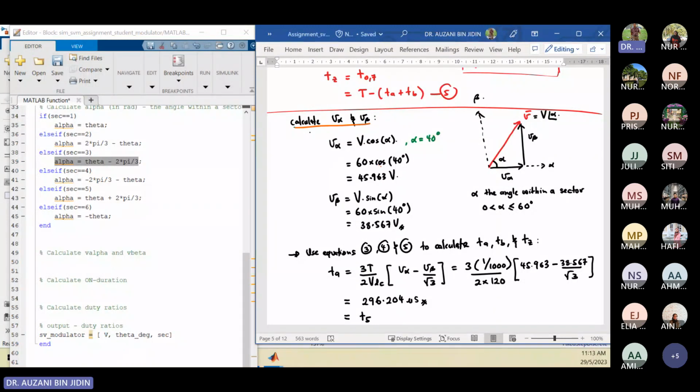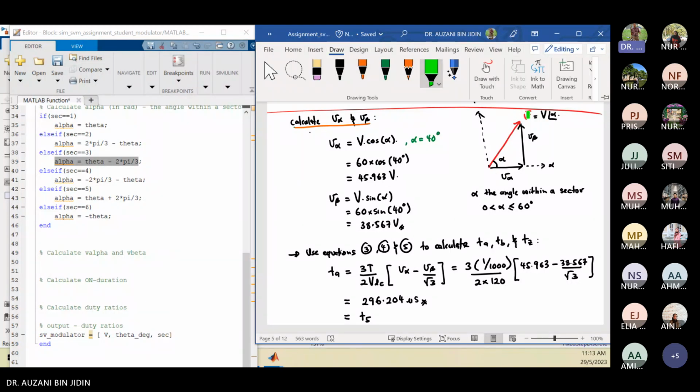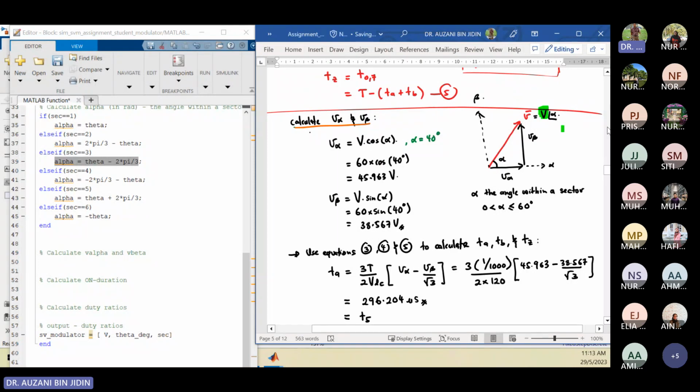To calculate V alpha, you apply the cos function, and to calculate V beta, you apply the sine function. In this case, V is the magnitude of the space vector. Remember, V will be the magnitude of the space vector.